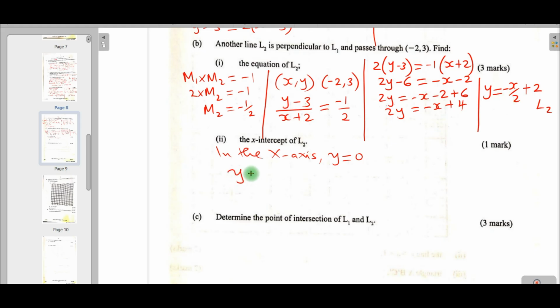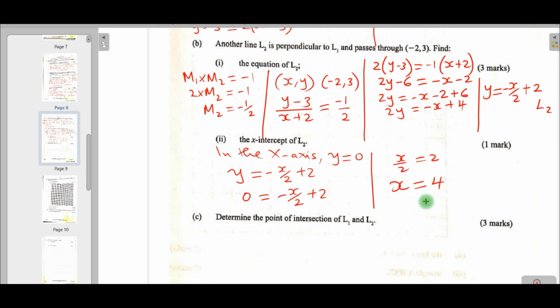So the equation of L2 is y is equal to minus x over 2 plus 2. So y is 0, so 0 is equal to minus x over 2 plus 2. So this will be the same as x over 2 is equal to 2, multiply both sides by 2, so x will be equal to 4. And therefore the x-intercept of L2 is 4.